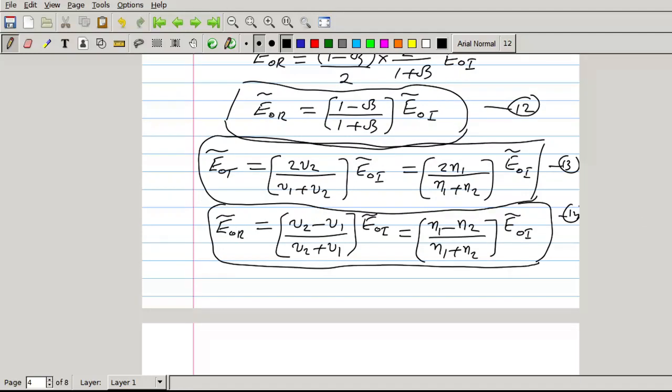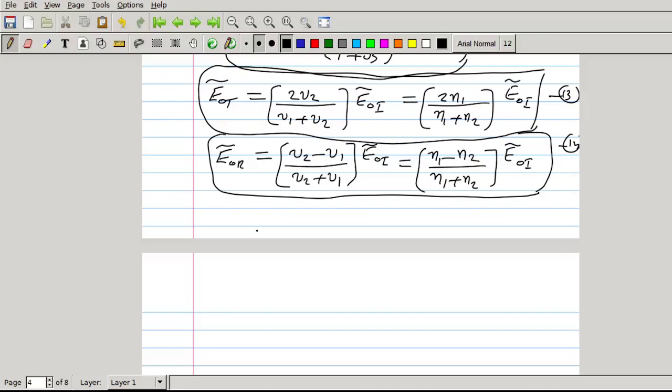If the wave is incident from a rarer medium into a denser medium, the first medium is rarer and the second medium is denser.